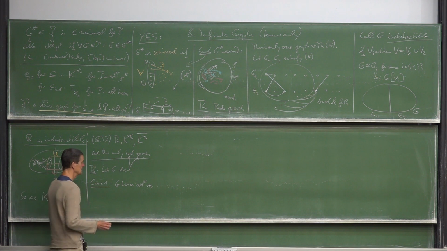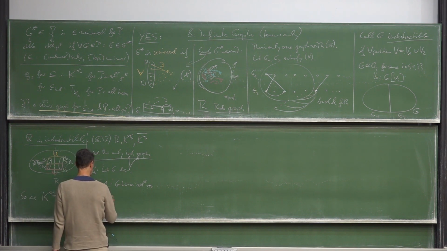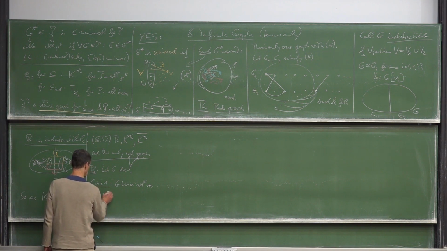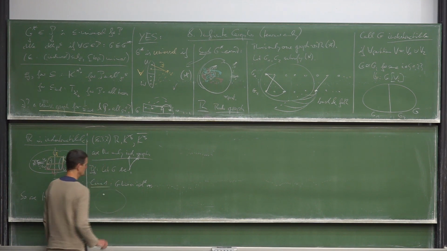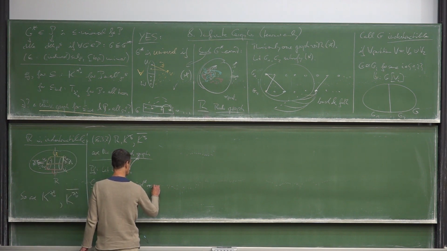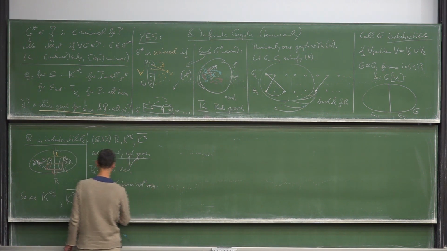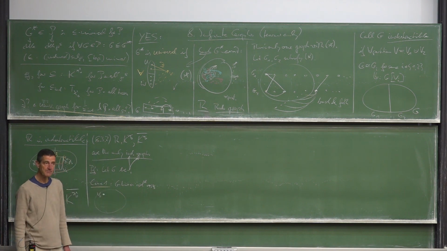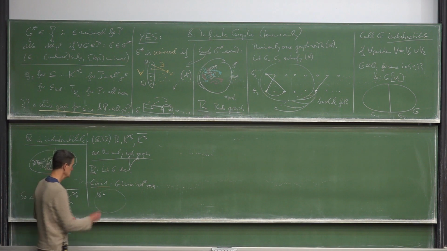Okay, v naught. Then partition the graph as follows.